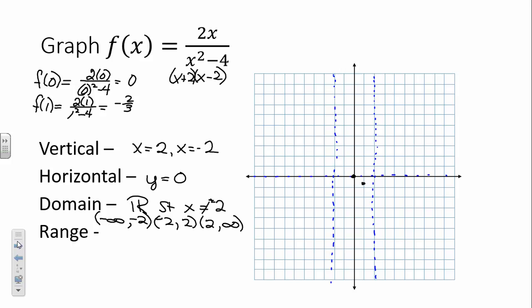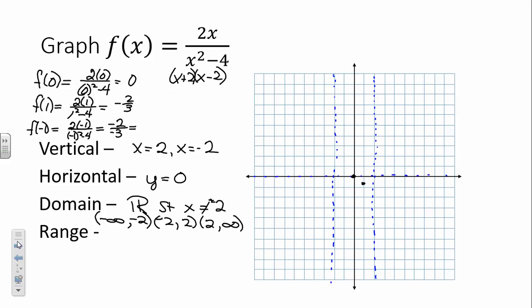Okay, let's try another number. Let's try negative 1. So when we plug negative 1 in, we'll have 2 times negative 1 over negative 1 squared minus 4. So 2 times negative 1 is negative 2. Negative 1 squared minus 4 will get us negative 3.